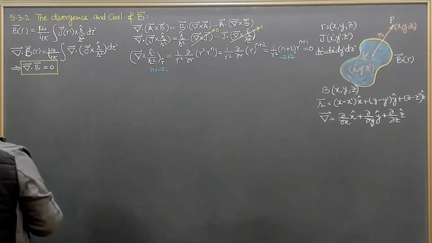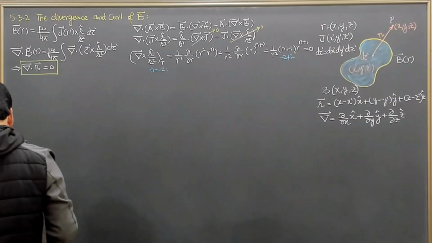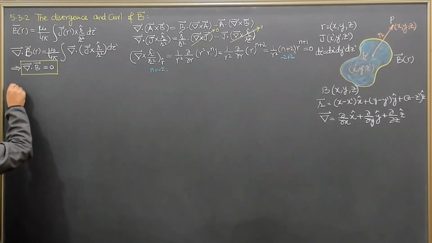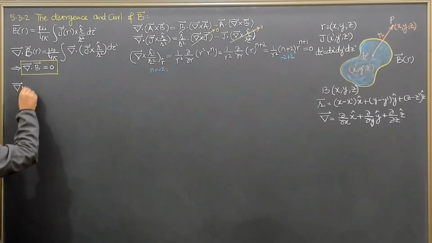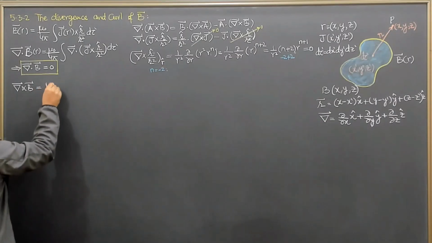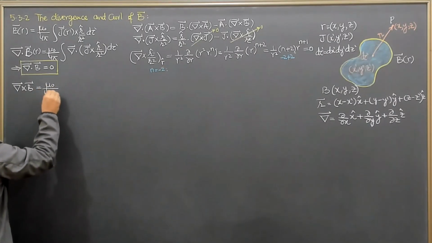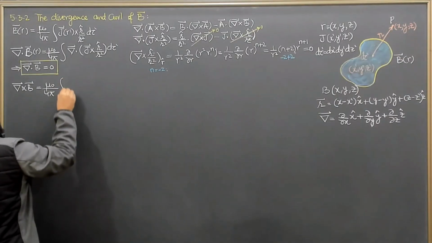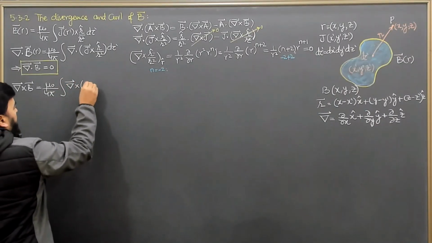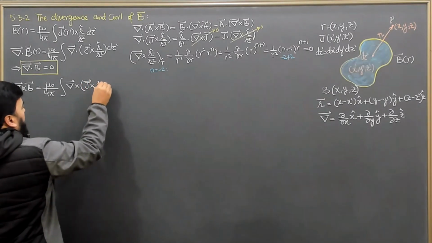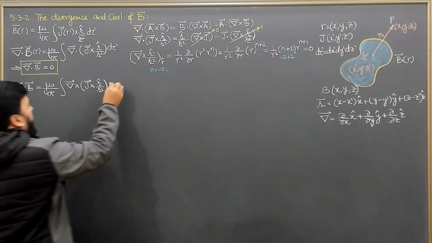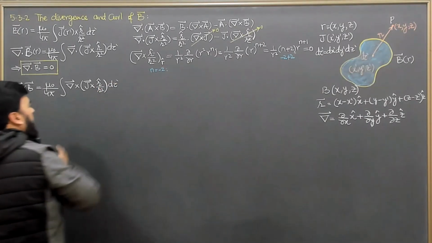The curl of this equation will be del cross B, and del cross B is mu naught over 4 pi, and here we have del cross J cross R unit vector over R squared, d tau prime.